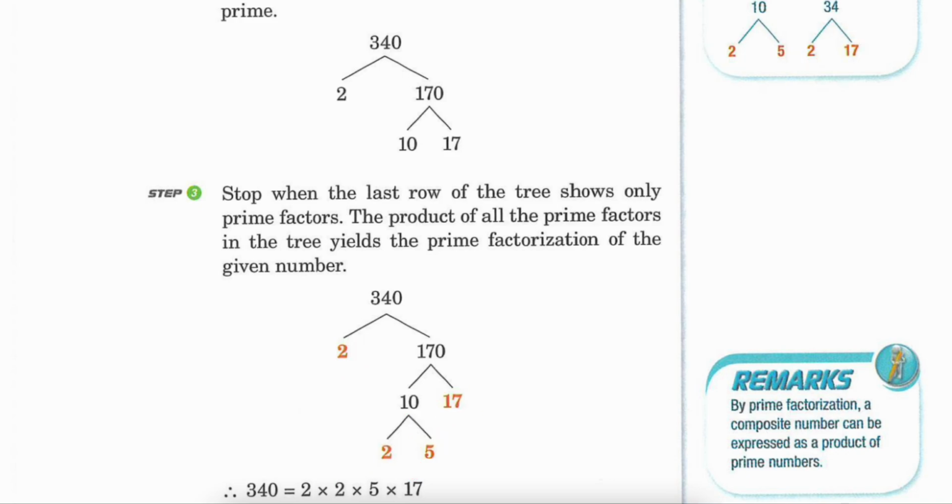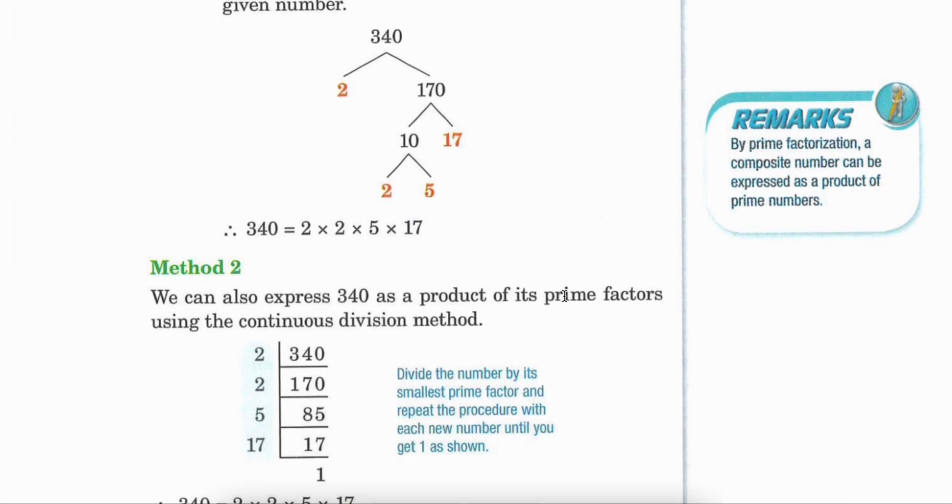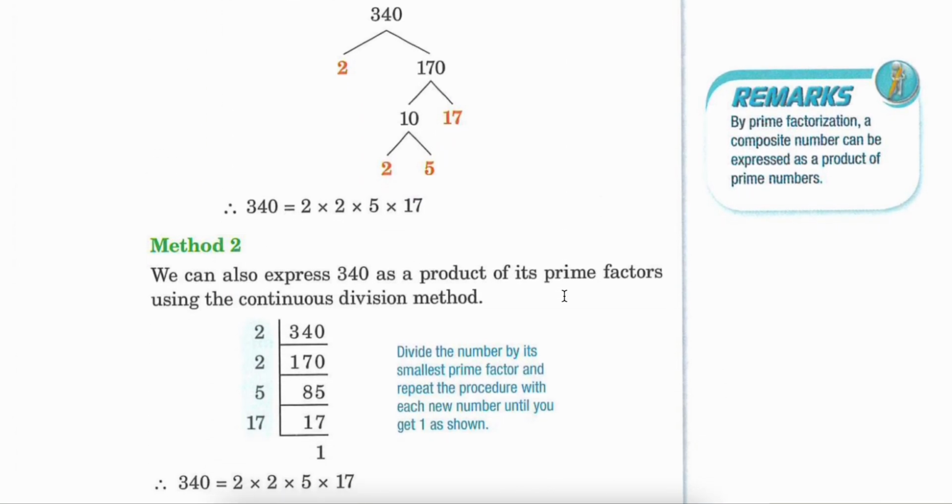There is a second method, but you would have to be really good with your prime numbers. And this method kind of looks like an upside down division bar. So what you're going to do is you're going to take the smallest prime factor and divide it. So 2 divided into 340, you would get 170.